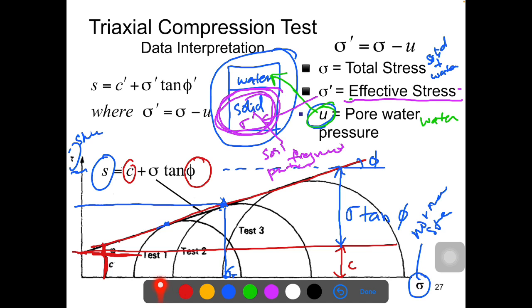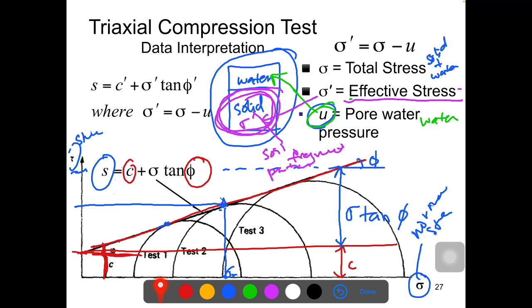Total stress is the combination of solid and water. Water pressure is the pressure from water only. Effective stress is the stress from solid only.